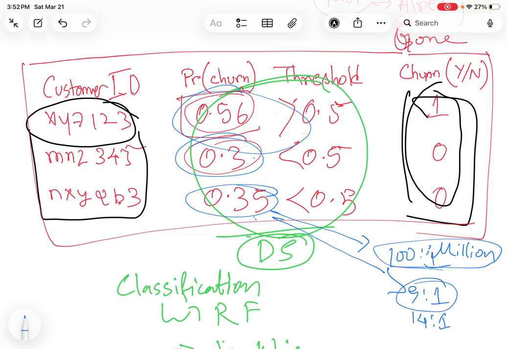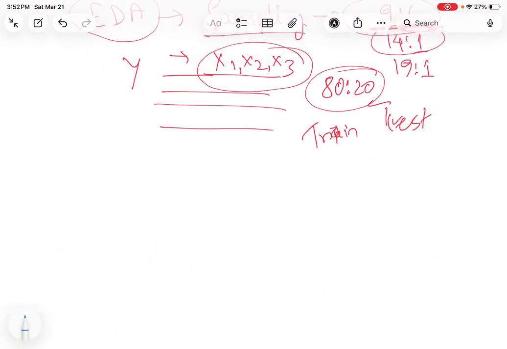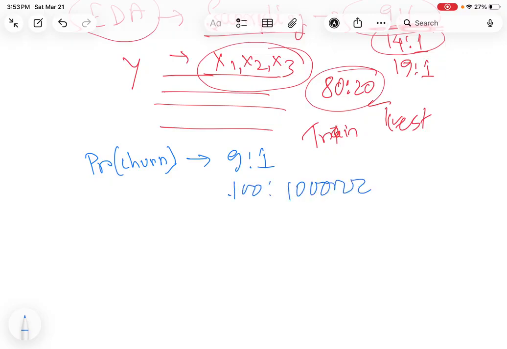So you have to go back there. What it means is that you have to transfer your probability value, the churn value, which is now based on a 9:1 sample, not a 100:1 million sample, back to the original.